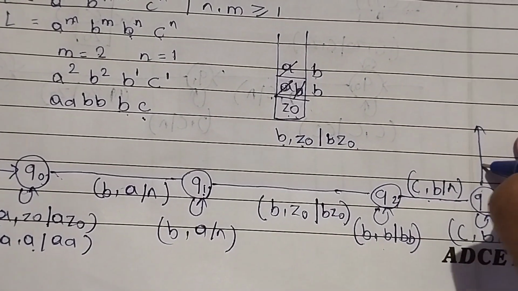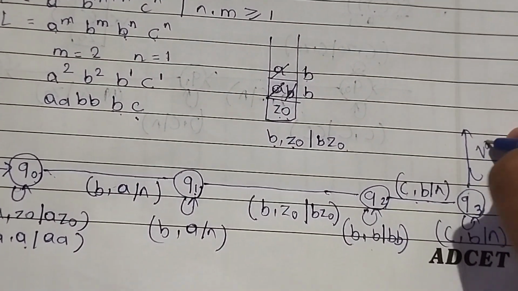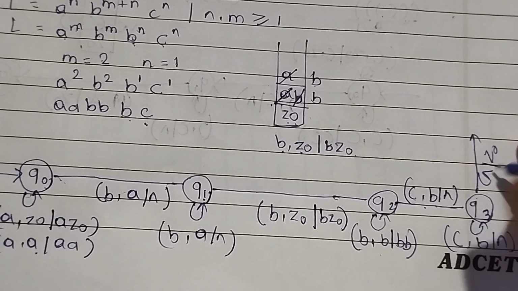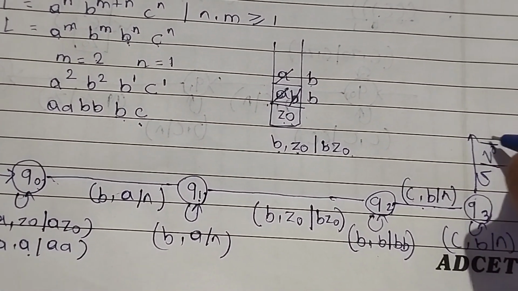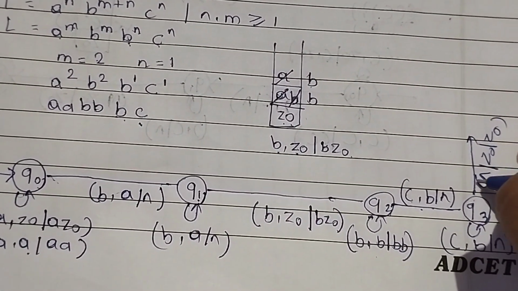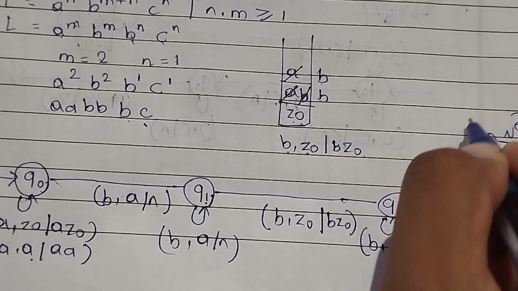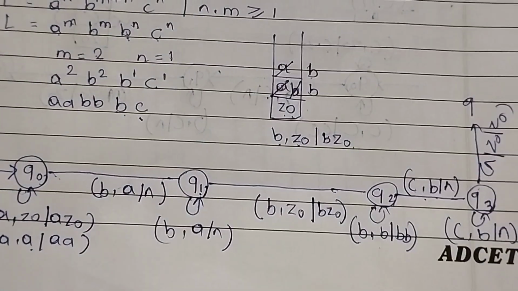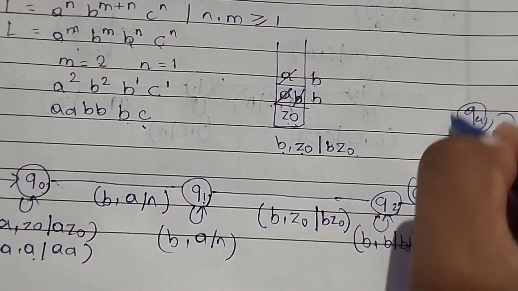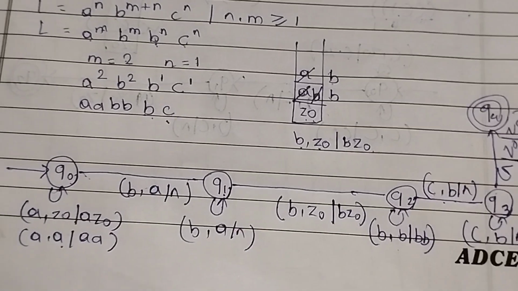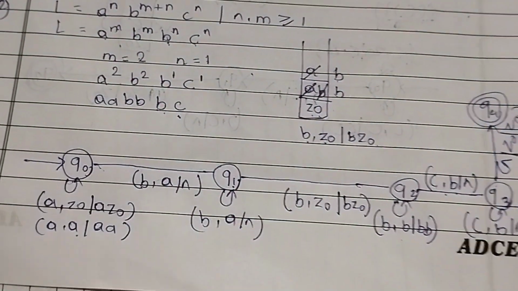So that time initial Z0 is present, null we read, then we keep this Z0 as it is, and we are in the final state, Q4. So this is the final state. So this is the PDA for this equation.